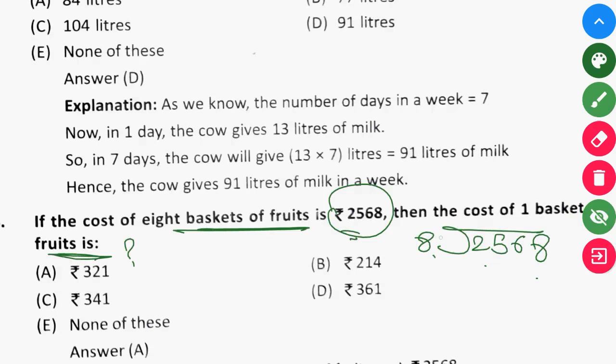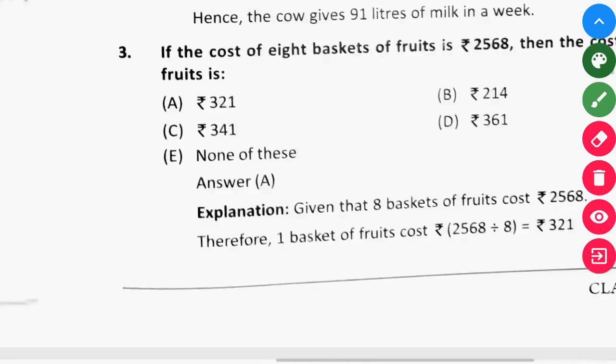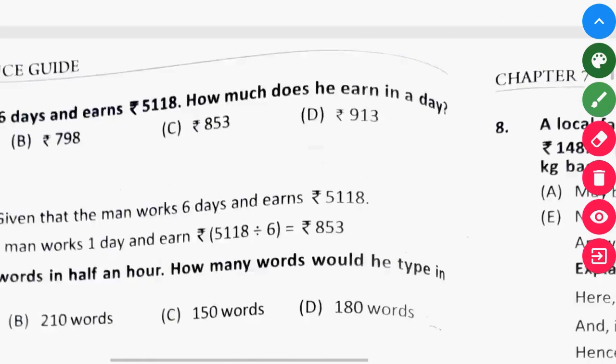So 2568 divided by 8: 8 threes are 24, 1 is remainder, 6 will come down, then 8 twos are 16, and again 8 will come down, 8 ones are 8. So 321 is your answer. Okay, understood? Then we'll move to the next example.